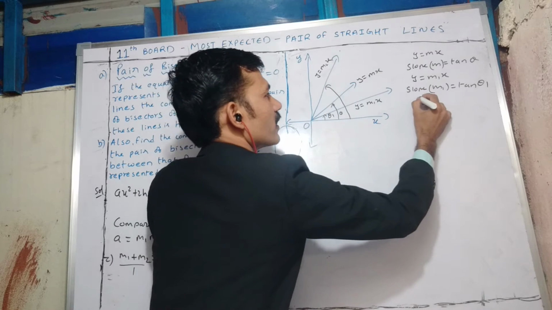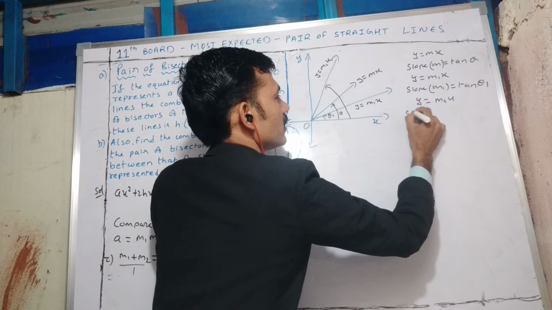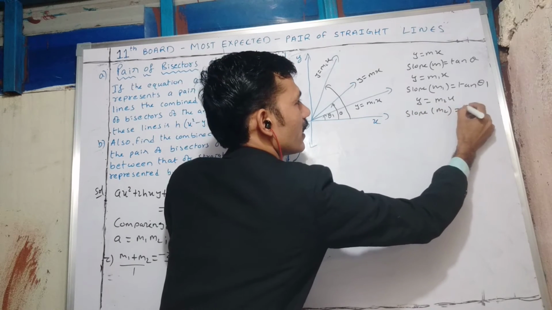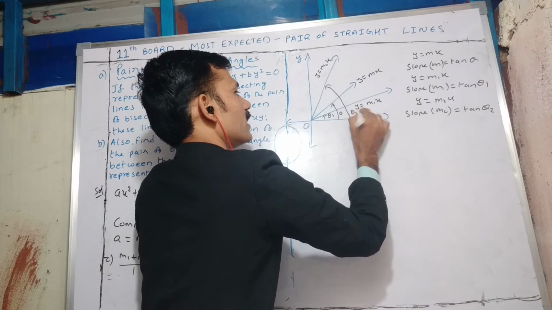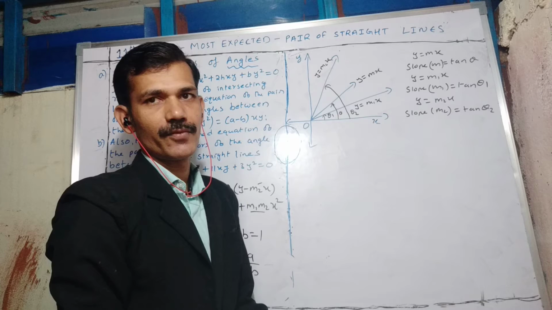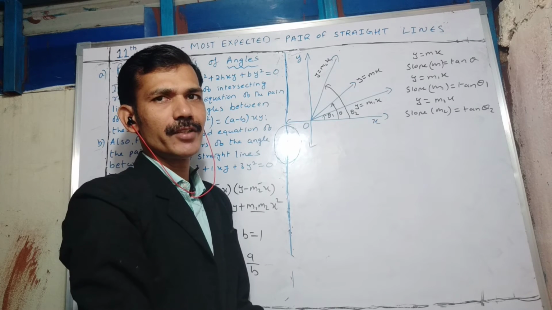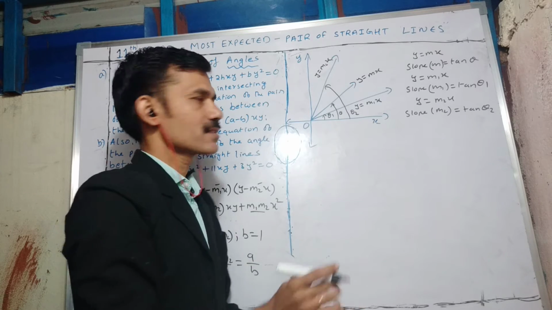That line, you see, is y equal to m2x. Then the slope m2 is tan theta 2. Okay, this overall angle is theta 2. This y equal to mx is the angle bisector. If it is an angle bisector, it will divide the angle into two equal parts.